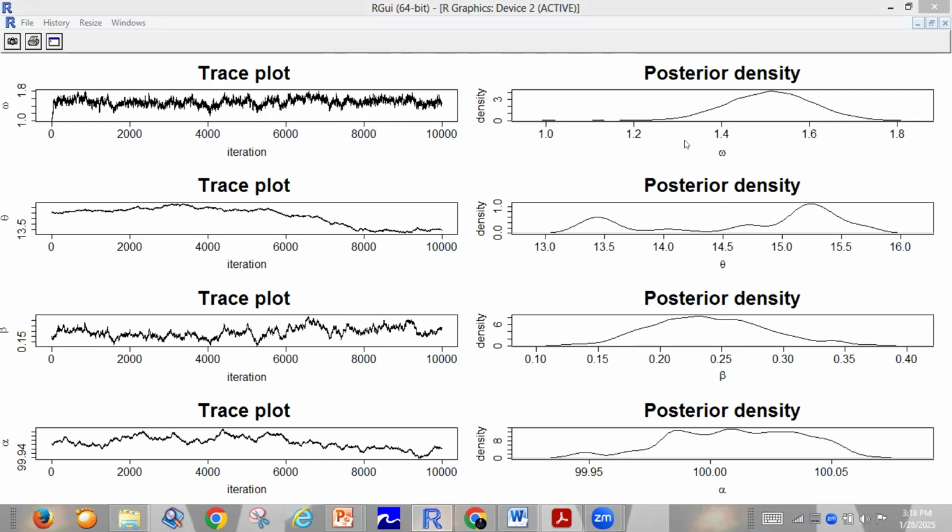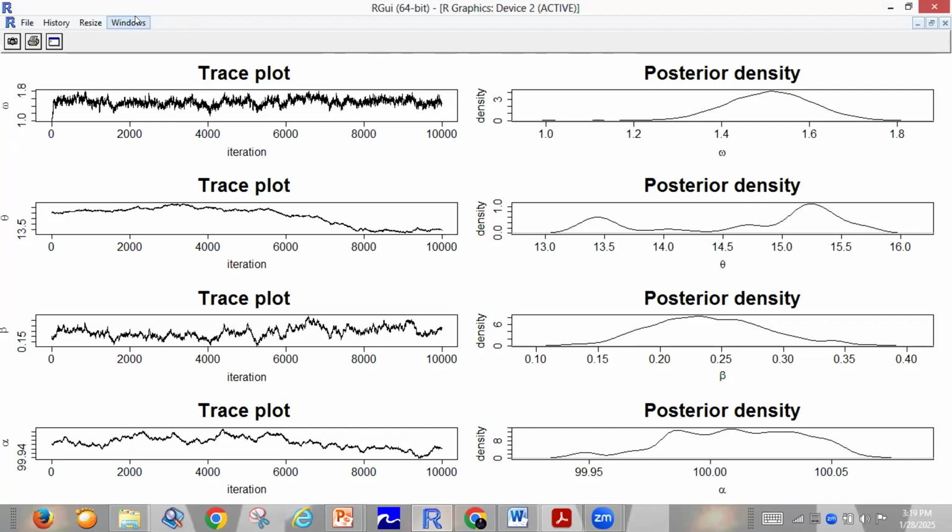Because we have four parameters, for each parameter we have 10,000 draws, because we burn in until 10,000 iterations. So to represent each parameter by one value, we just use the median value of the Bayesian samples.